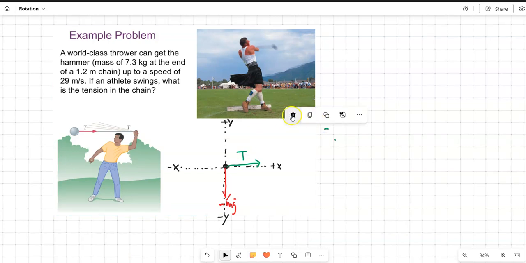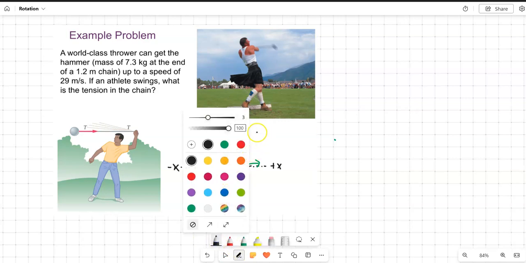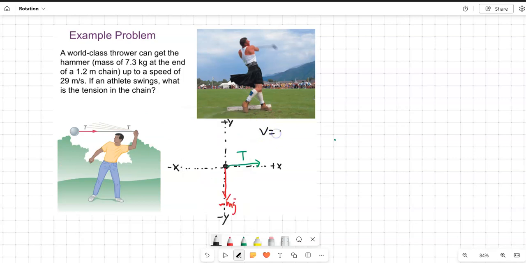I'm going to delete that. But I'm going to draw the velocity vector. The velocity vector looks like from this picture it's coming out at us. The velocity is in the positive z direction. It's kind of hard to see, but the acceleration, which is a centripetal acceleration, is going to be towards the center of that circle. That'll be in the positive x direction. It'll also be in the direction of that tension, which we're going to call a positive T.